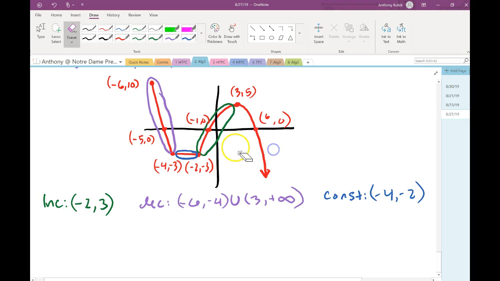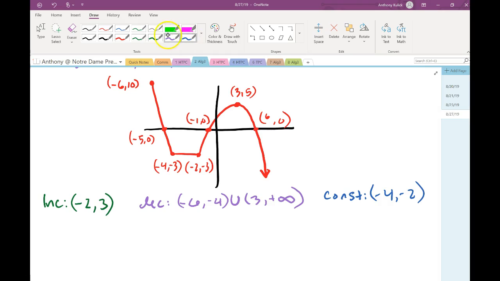Okay. Let's do positive, negative, 0 next. We're going to do that for the same graph. Okay. How many positive sections do we see? 2. I agree.